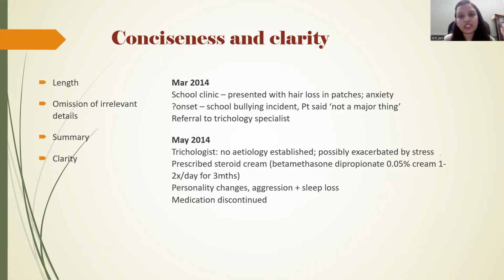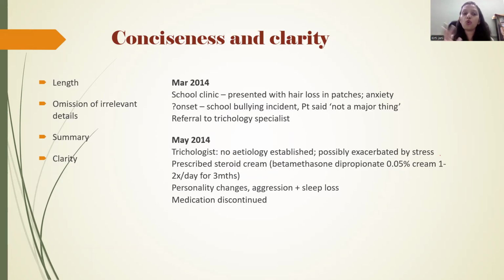But I strongly suggest you not to focus too much on word count. If you are writing a little more or a little less, it is okay. But make sure that you have not included any irrelevant information and you have not excluded any relevant information. If you have written everything which is needed for the reader to know, then if your word count is more or less, it is not going to affect your score.